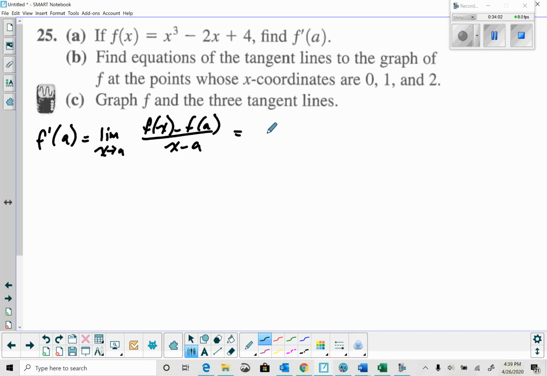All right, so for our lovely trinomial, oh, look at that. So this will be the limit as x approaches a of x cubed minus 2x plus 4 minus, now for f of a, that'll be a cubed minus 2a plus 4.